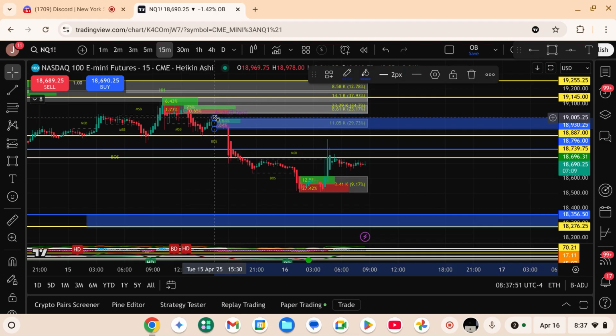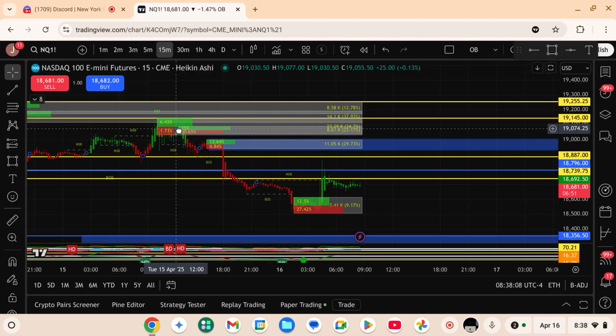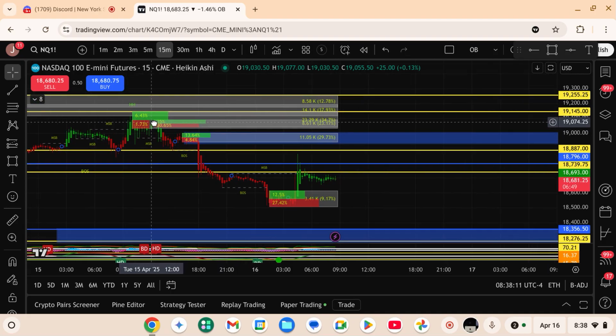Now, price normally goes for the order blocks that are farther away, but seeing how close these ones are to each other, there's literally no room in between them. They're just overlapping each other.